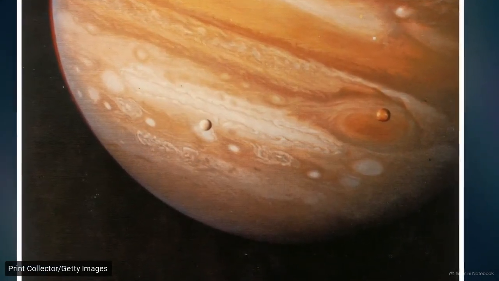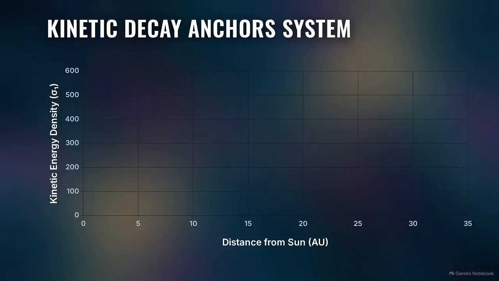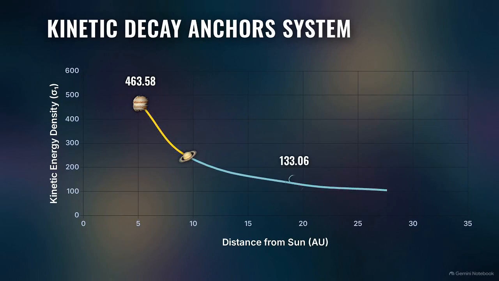Crossing the phase boundary to Jupiter, the physical state of the planet shifts. These outer gas giants operate as massive structural balancing nodes. This singular value decomposition tracks the kinetic energy density across the outer solar system. The data shows a strict quadratic decay, a sharp drop from a value of 463.58 at Jupiter down to just 96.07 at Neptune.